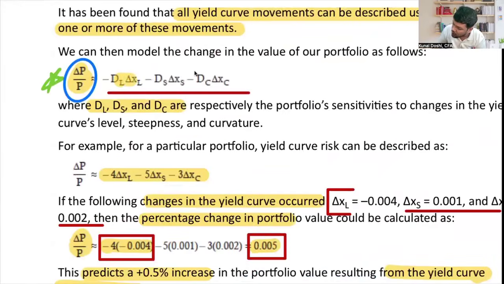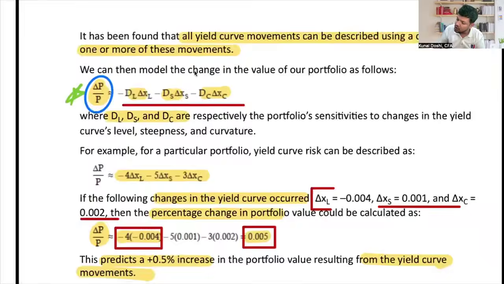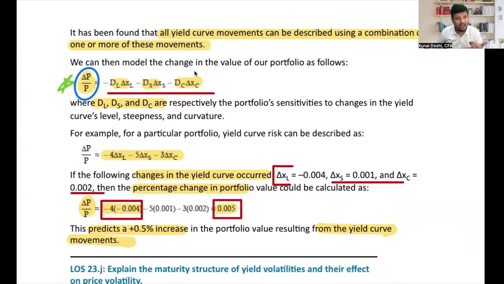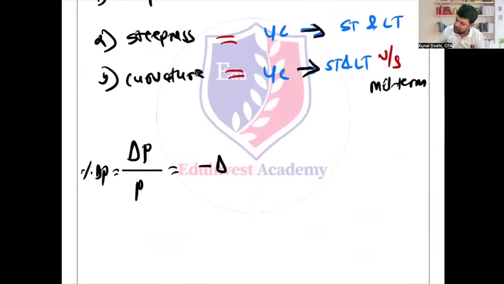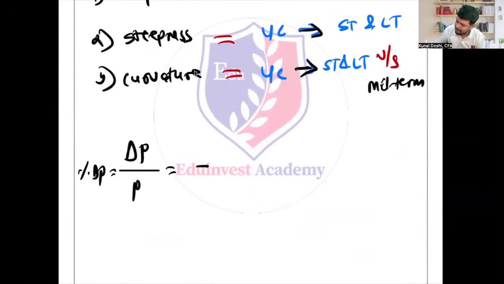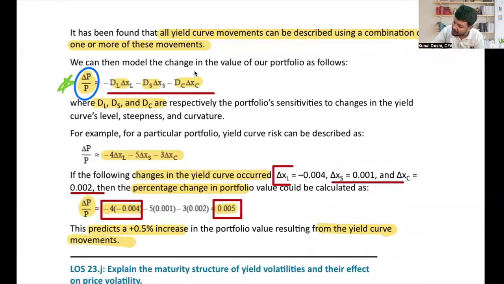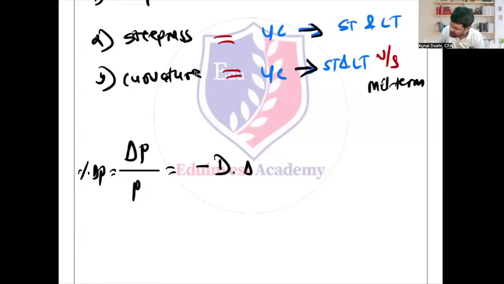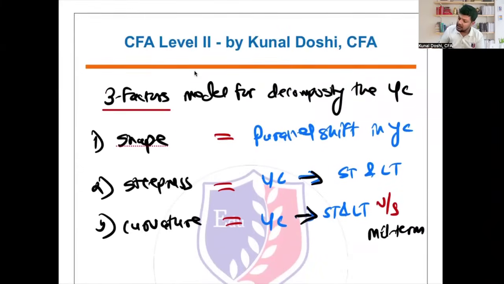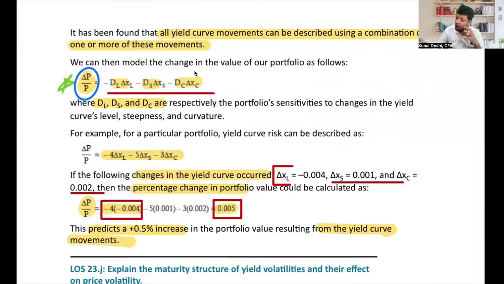This is duration due to curve level, steepness, and curvature. So you can write minus duration times the change in X_L, where L is for the level, that is the shape, then steepness and curvature. Remember, all are negative because yield and prices go in the opposite direction.